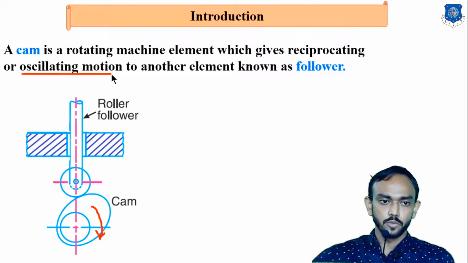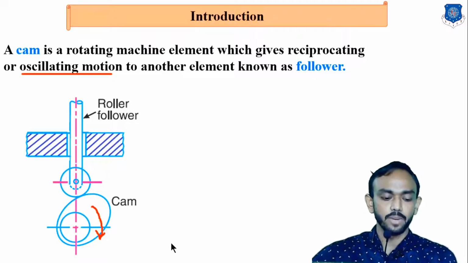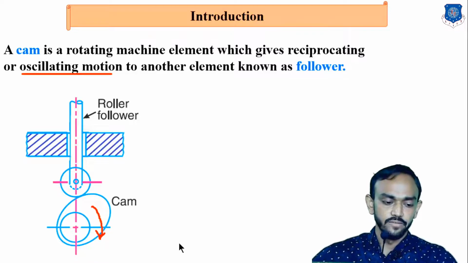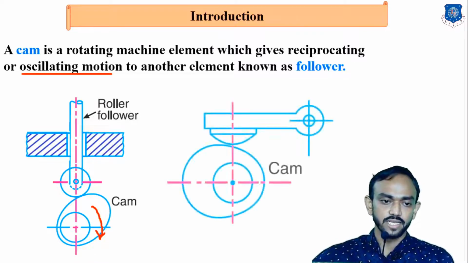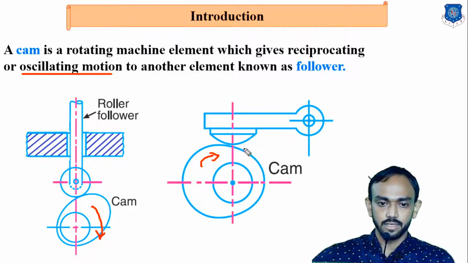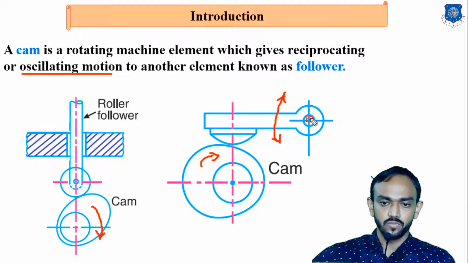Oscillatory motion means there are some types of CAM and follower arrangement in which the follower is oscillating. You can see here, when this CAM is rotating, the rotary motion is translated into oscillation of this follower, because this follower is moving about this point.